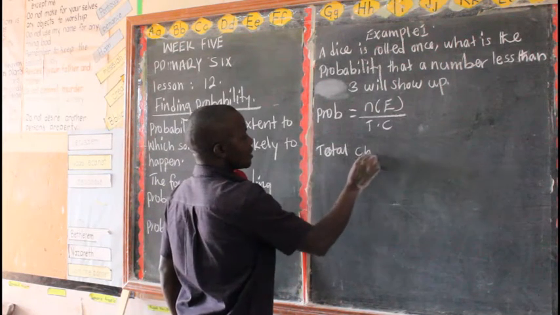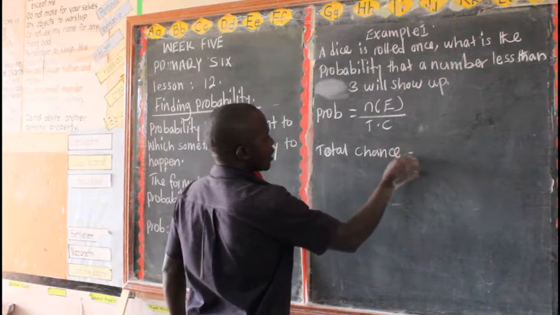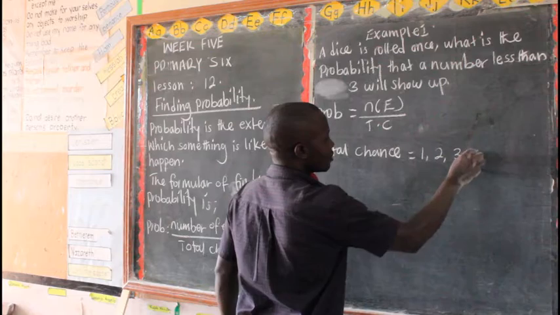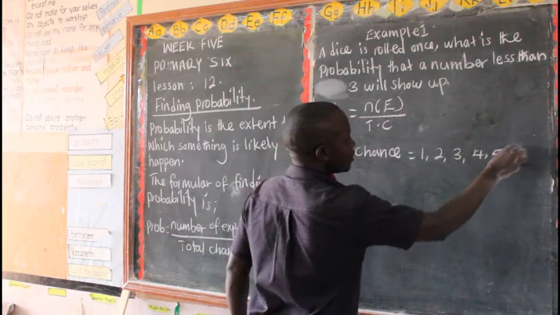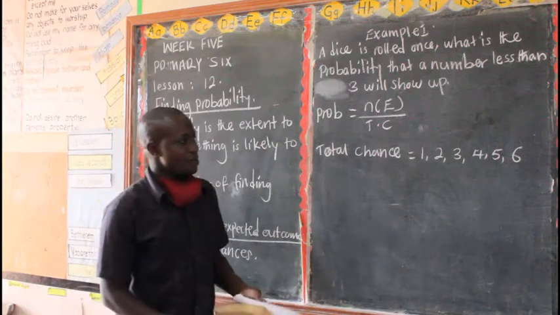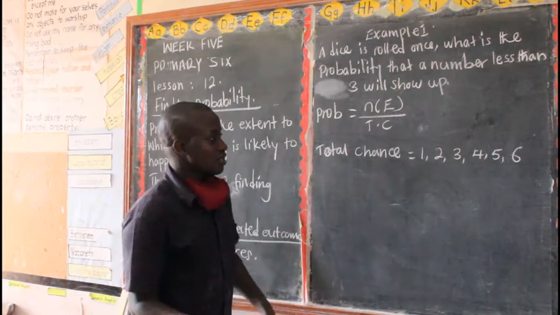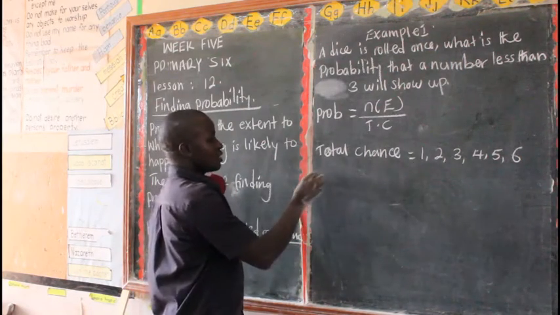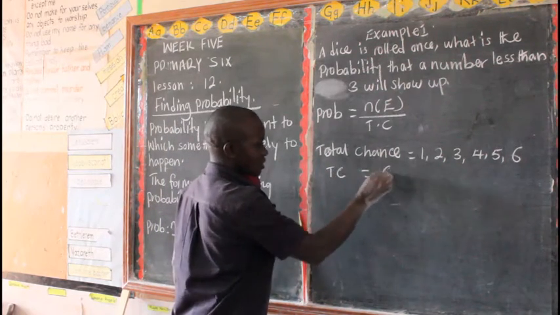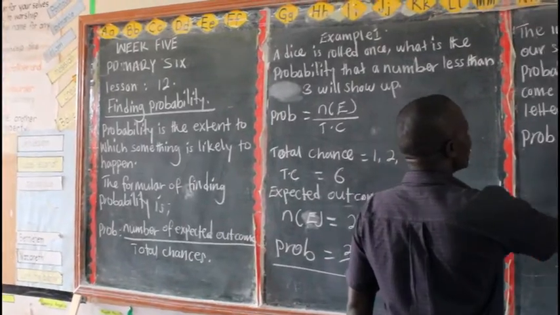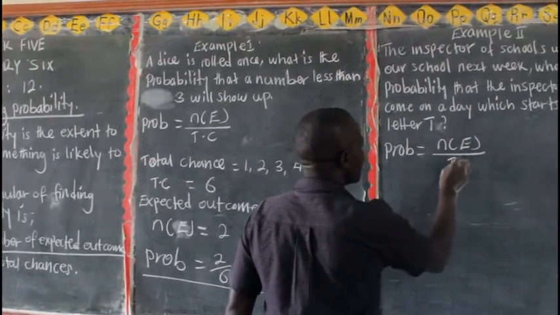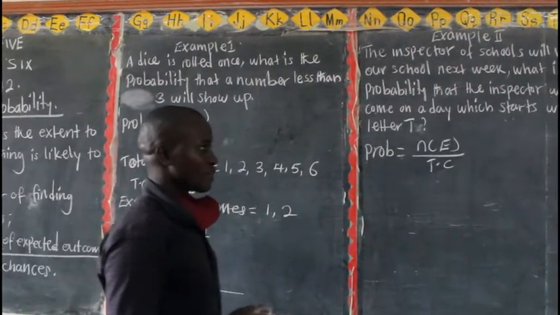A dice has 1, 2, 3, 4, 5, 6. Those are the numbers found on a dice. How many are they? They are 6 in number. So the number of total chances will be 6. Probability is equal to number of expected outcomes out of total chances.